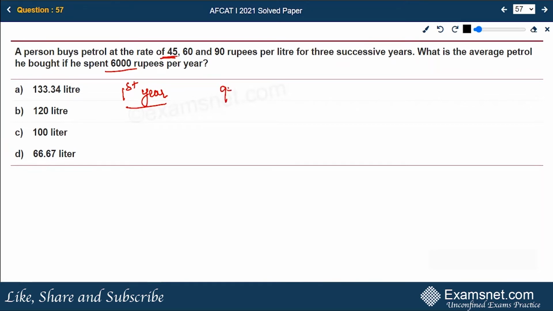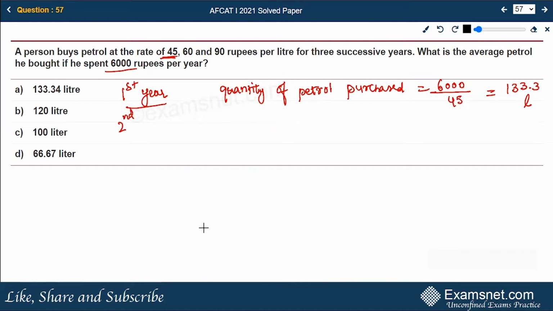So the quantity of petrol purchased is equal to money he spent upon the rate. This gives you 133.3 liters.